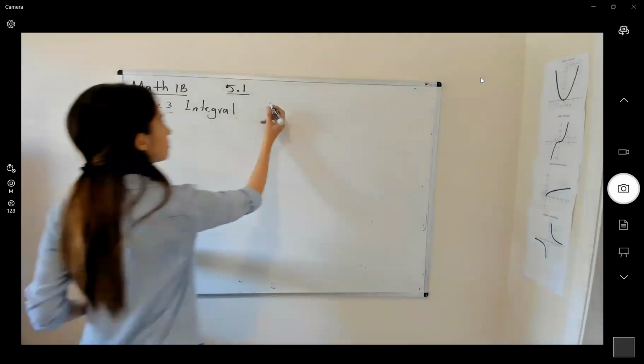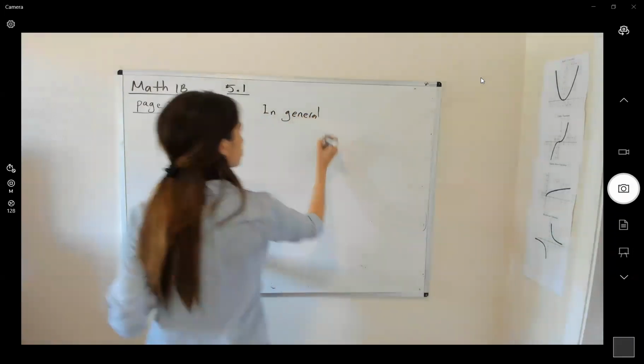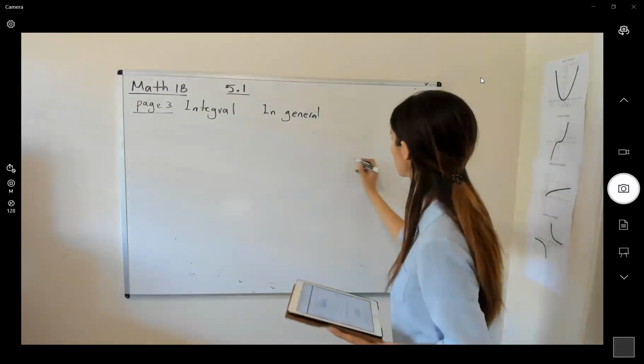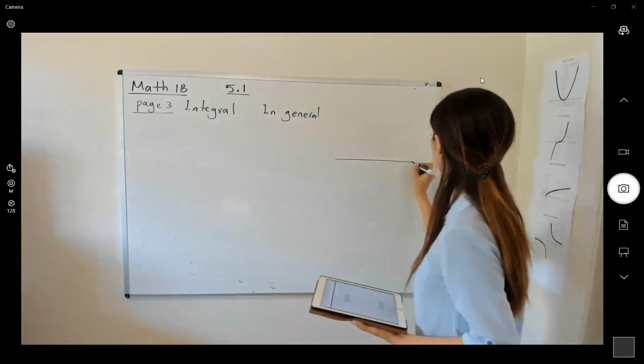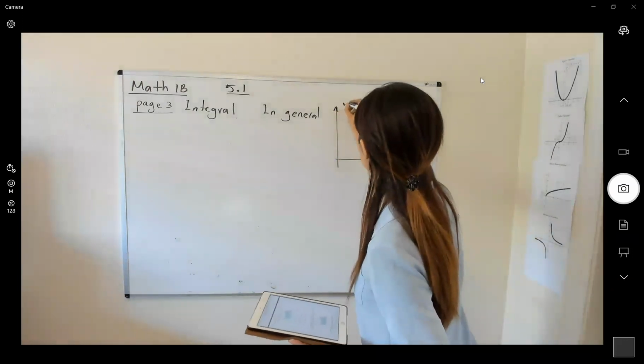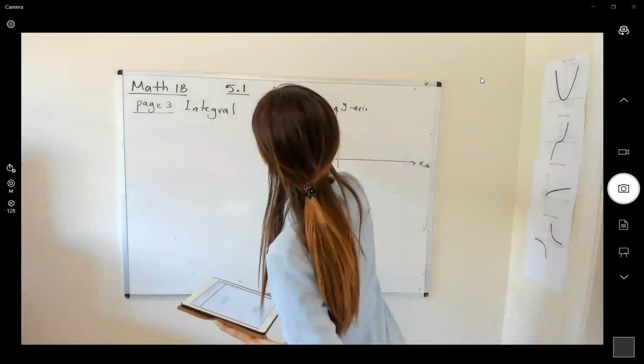So in general, what are we going to do? We're going to take any random two-dimensional object, like this, x-axis, y-axis. By the way, we are on page 4.